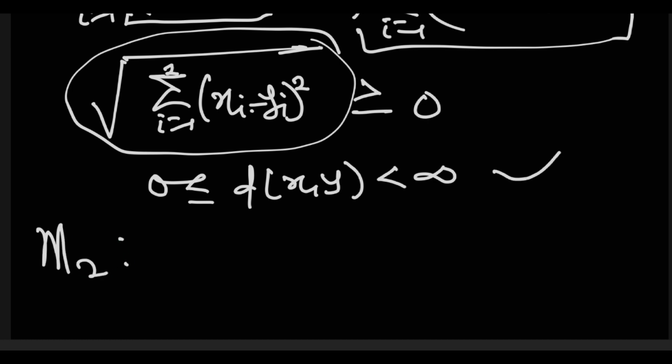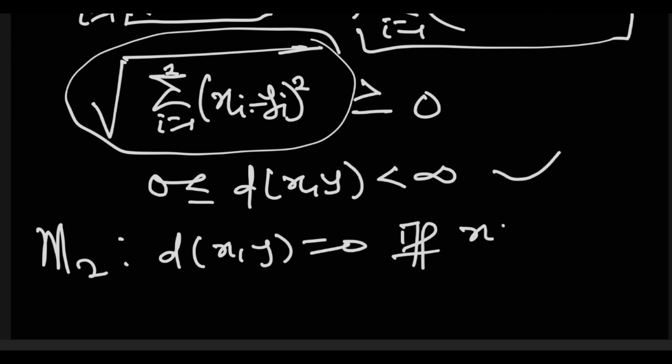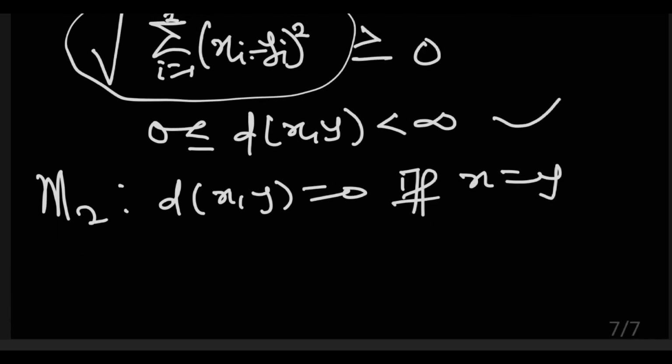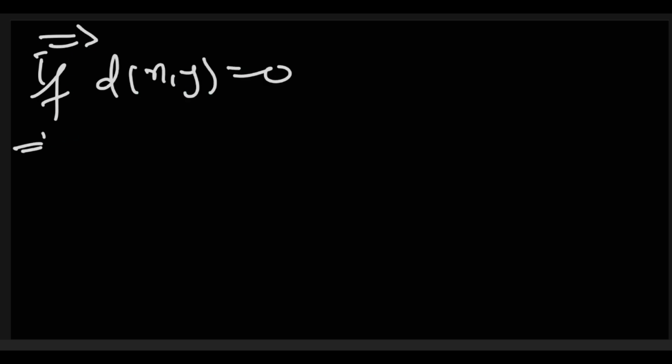Now the second axiom says, when would this be equal to 0? So d(x,y) equals 0 if and only if x equals y. So two sides, right? So the first side, if d(x,y) equals 0, what's the definition for d(x,y)?